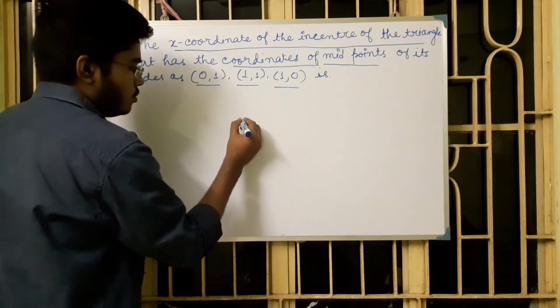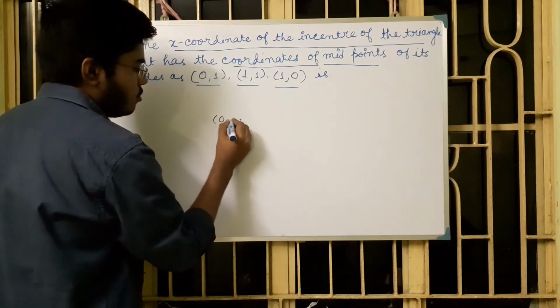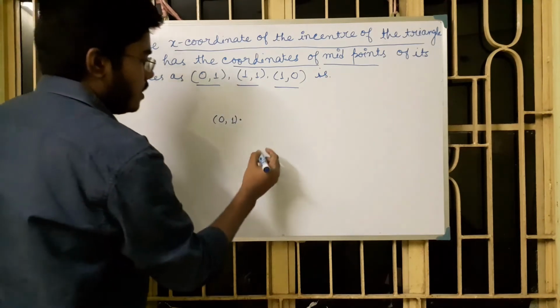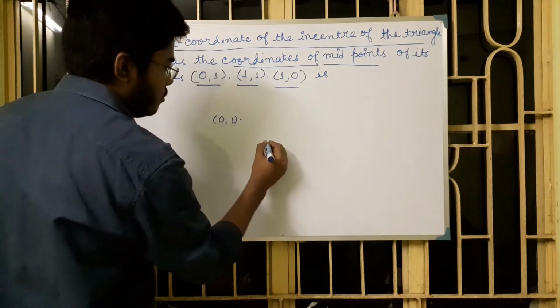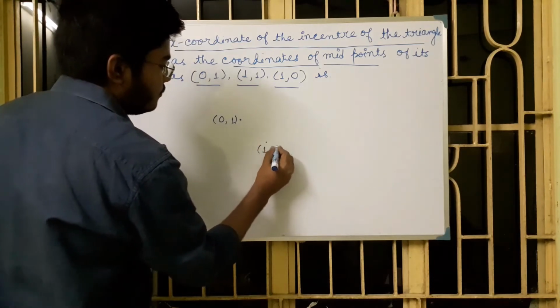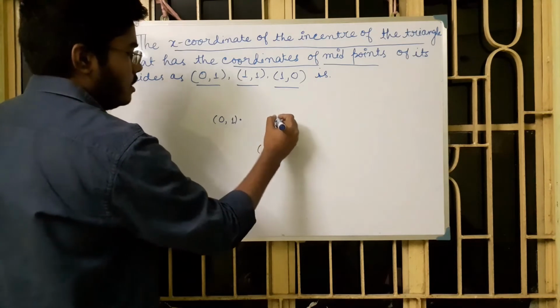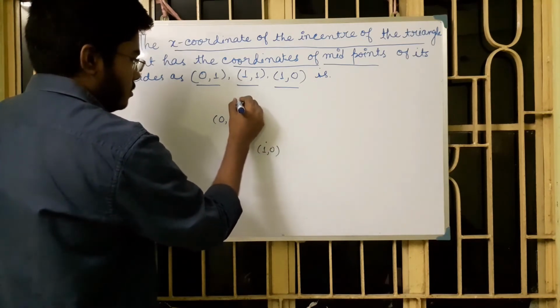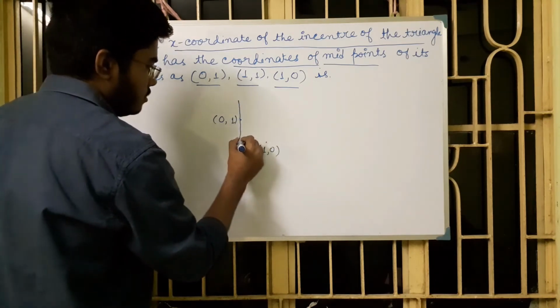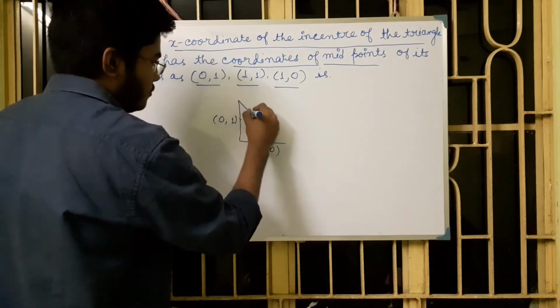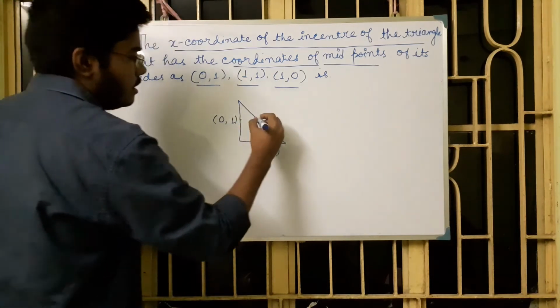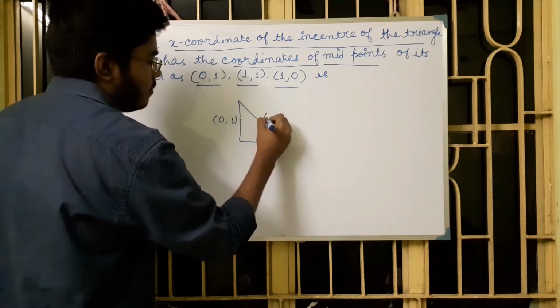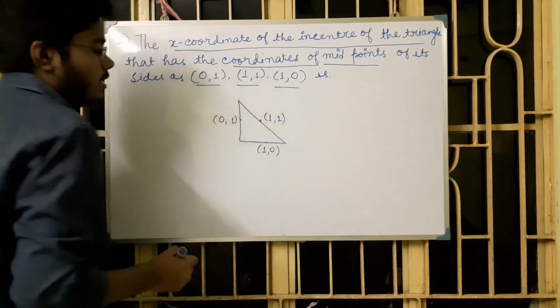So let's say this is 0, 1 and 1, 0. So let's say this is 1, 0, and let us suppose this is 1, 1.